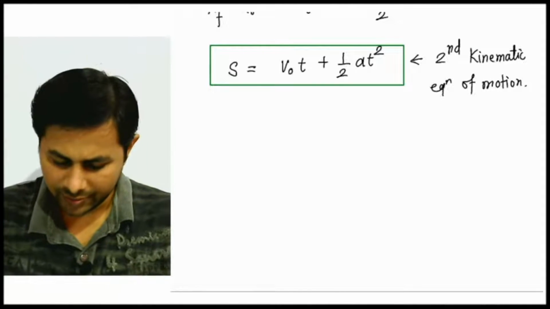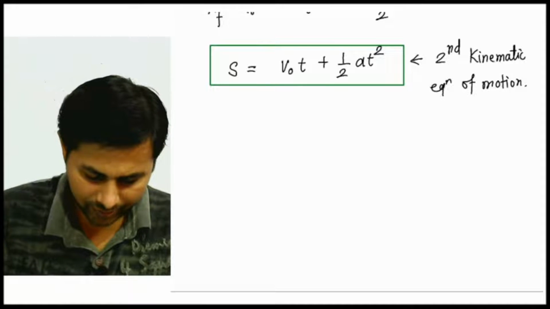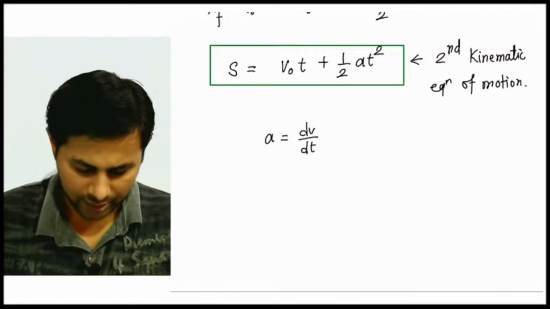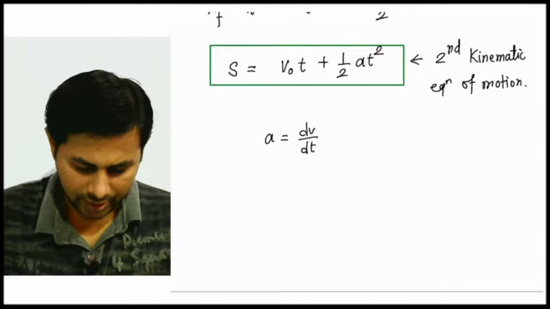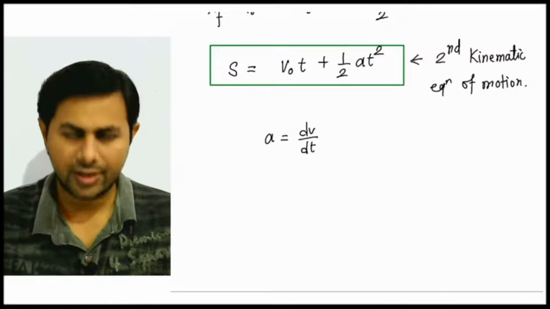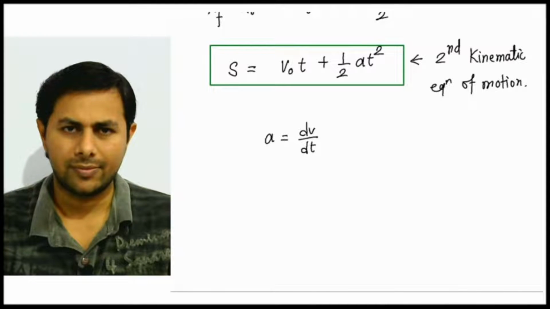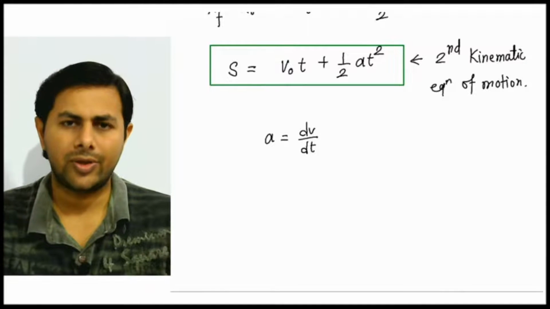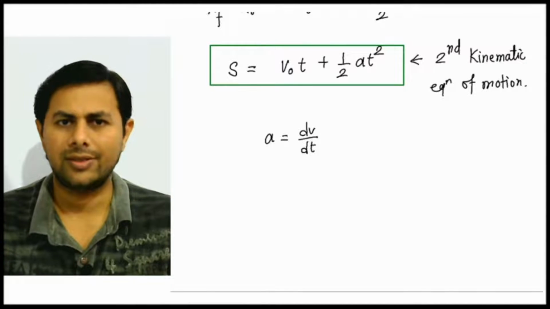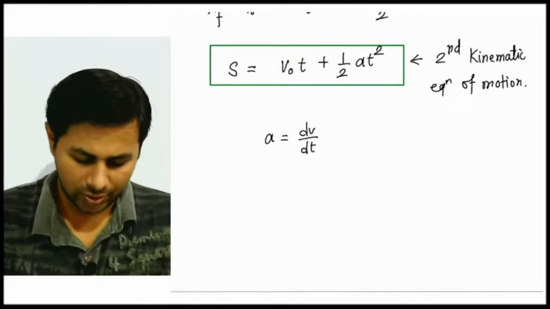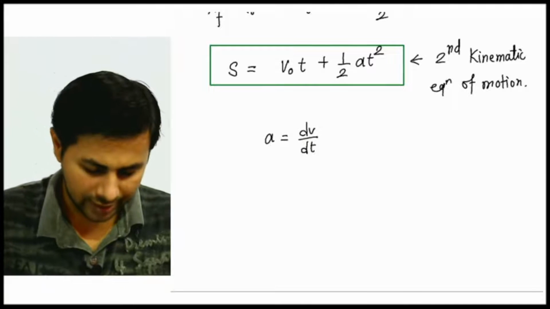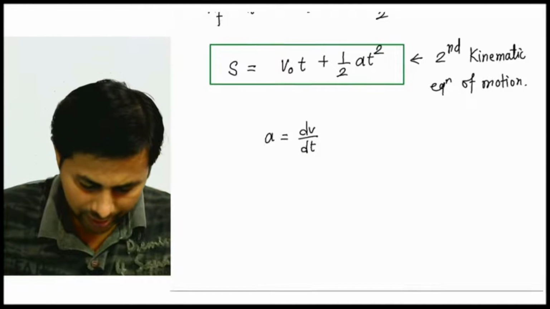So for that, we start from acceleration equals dv by dt, and then now here the variables are velocity and time.